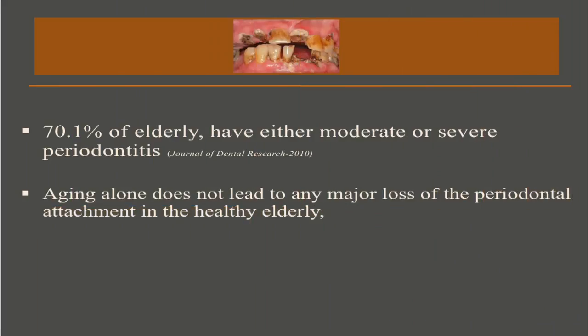In addition, according to an article published by the Journal of Dental Research in 2010, over 70% of elderly have either moderate or severe periodontitis. However, there is no major loss of periodontal attachment in a healthy elderly. Therefore, we know that it's definitely related to plaque bacteria.